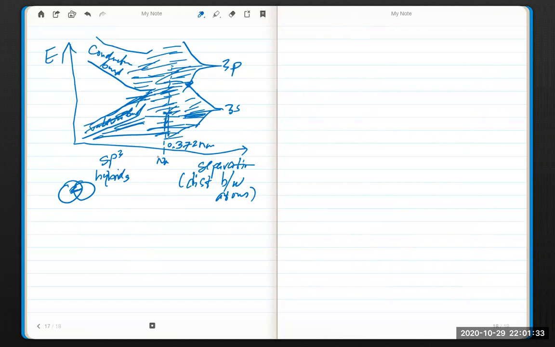Well, if you have silicon, which is somewhere here, silicon will have a separation distance of 0.222 nanometers, which is smaller than this.